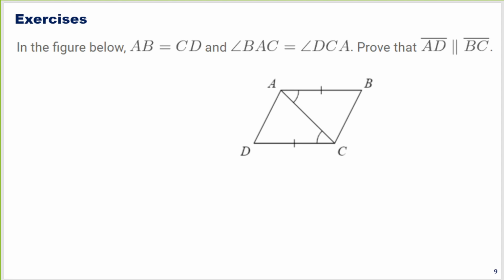Okay, have we finished? Alright, let's have a look at the solution together. If you want to prove AD is parallel with BC, then as I said, you need to use one of the testing theorems, right?